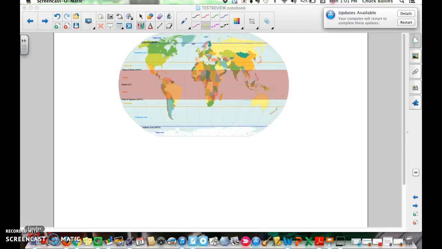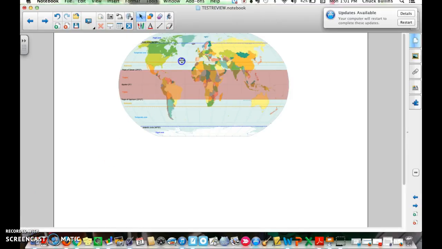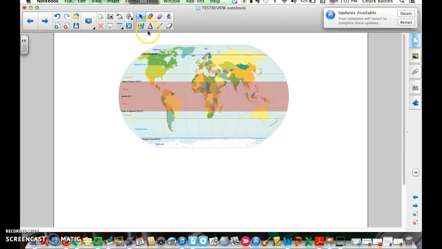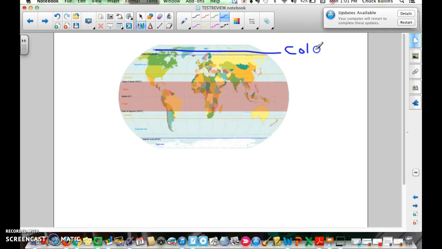We need to think about all of the different aspects of the globe, and we know that in the poles up here it is cold, and it stays cold pretty much year round. Here at the equator and even above in the tropics, it stays hot pretty much year round.